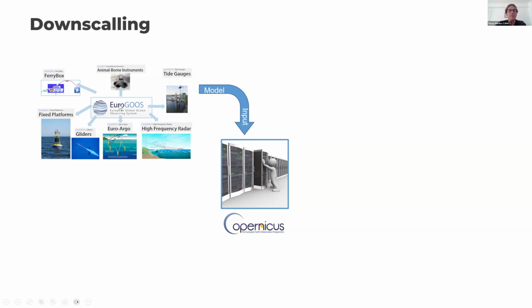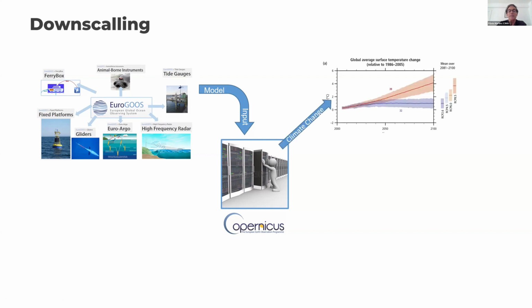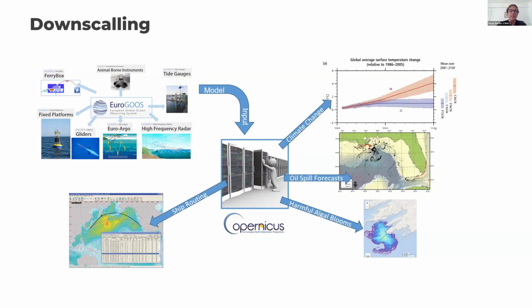I'm showing here the EuroGOOS, and all these observations are supplied to a model. In this case, I'm showing here the Copernicus Marine system. It's a global model or a global set of models. And with those models, we can have products for different applications, okay?